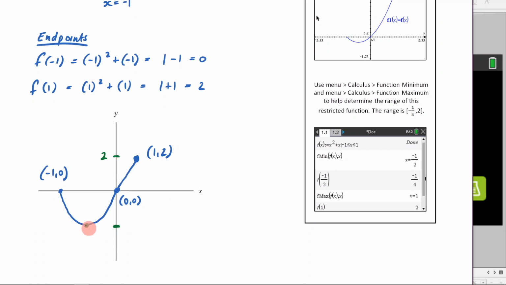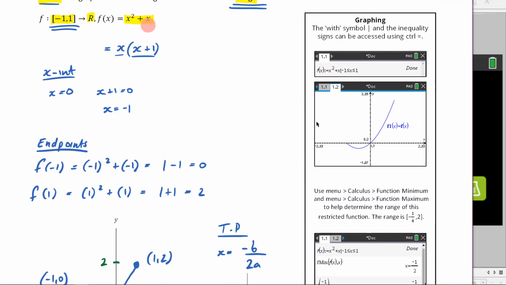So how can I find what this turning point is going to be? There's a couple of different ways you could do it. To find the turning point, x is equal to, and hopefully you all remember the formula, -b on 2a. So what is x going to be? Well, b is just the number in front of x, so it's going to be 1.